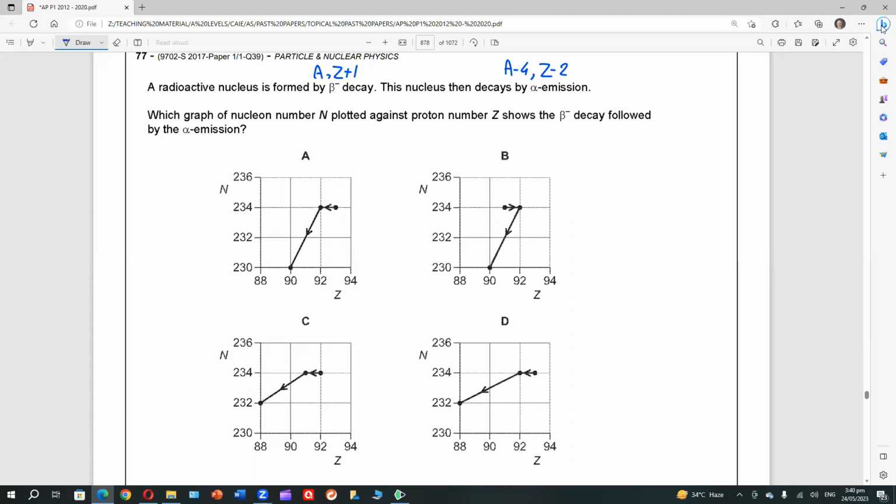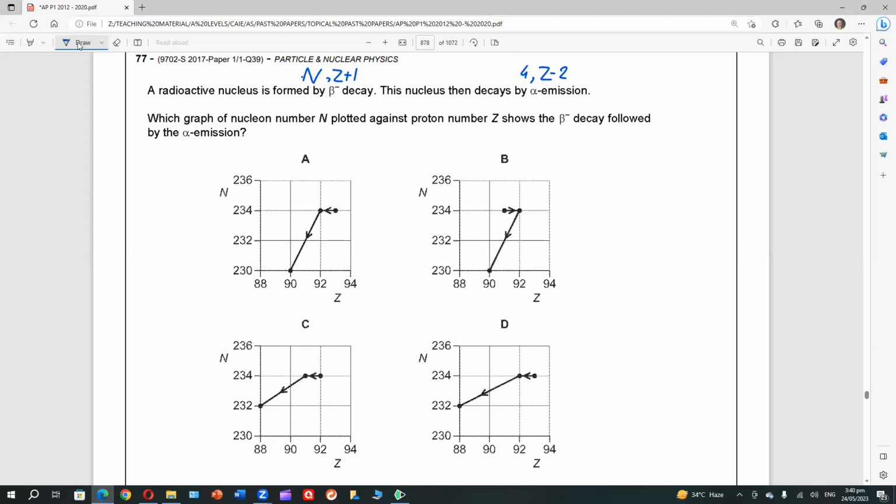Here he is using the nucleon number symbol as N. Normally nucleon number is A and proton number is Z, but here he is using N. So it should be B, it looks fine because first the mass number stays the same.